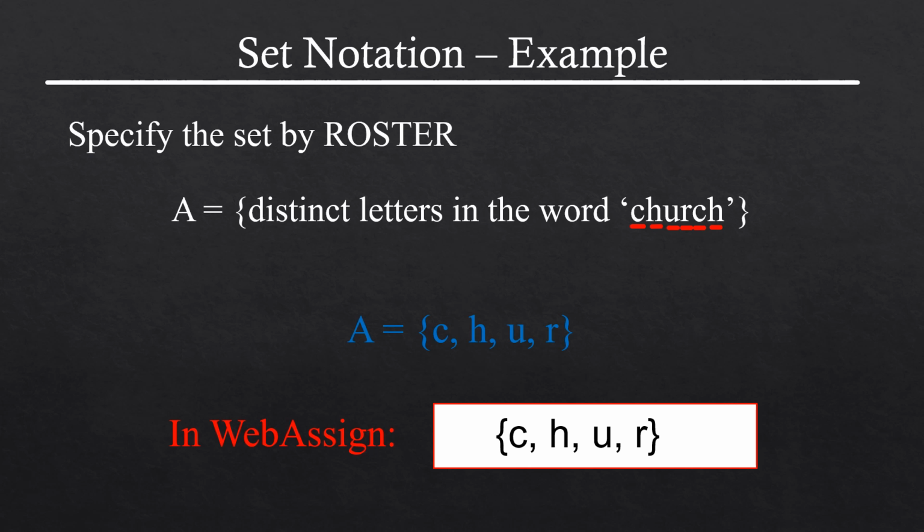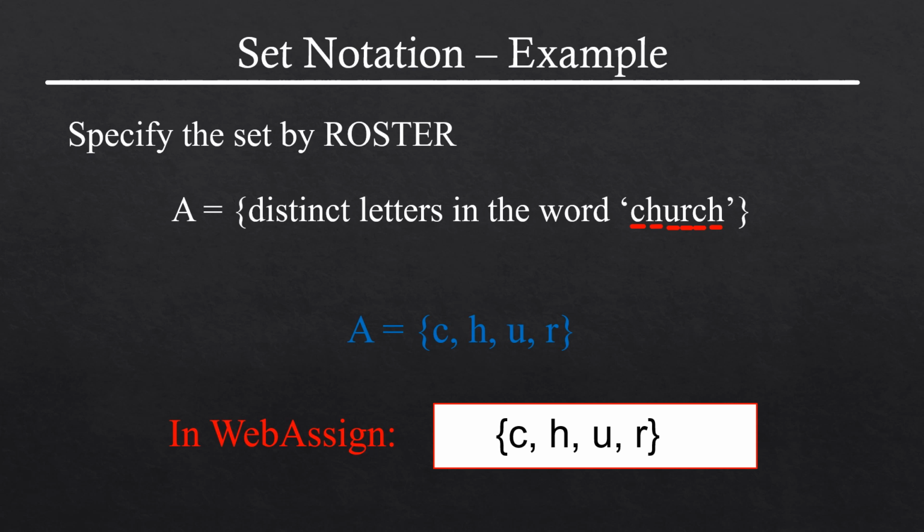That's exactly how you'll type that in there. WebAssign is particular, so make sure that's how you type it in. You will not type in A is equal to. That's all you'll type in there, just like you see it.